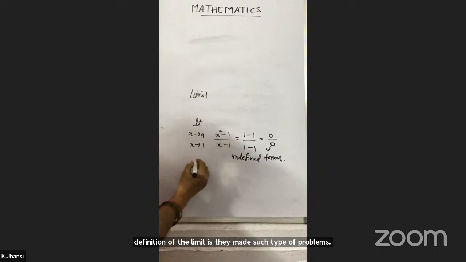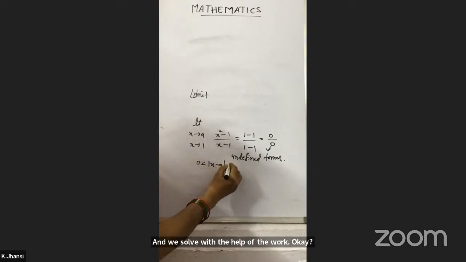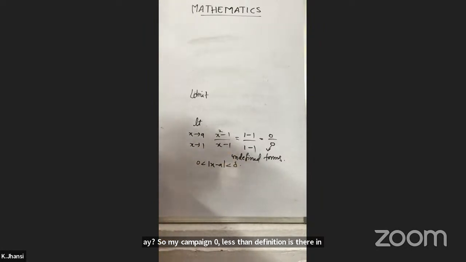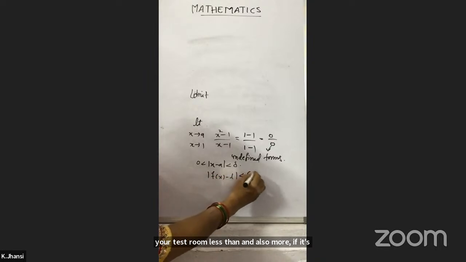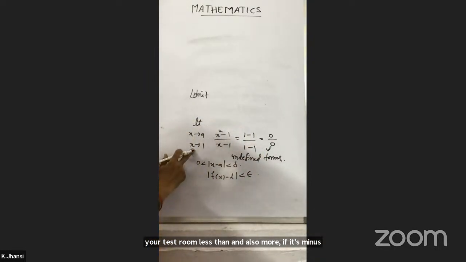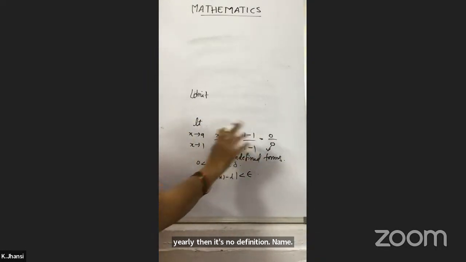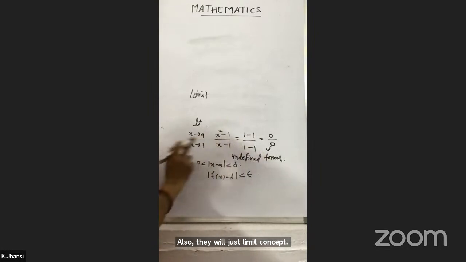In your textbook, the definition is: 0 less than mod x minus a less than delta, and mod f of x minus L less than epsilon. You don't need the definition, just know the limit concept. So if you get a 0 by 0 form, it is an undefined form.